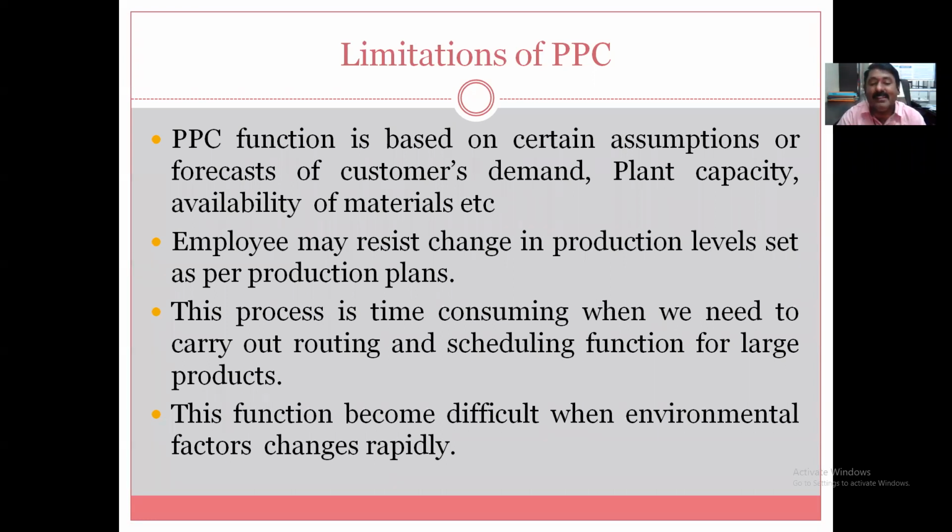Employees may resist change in the production level set as per the production plan. For example, I have given you the idea that 50 is the production rate required. Daily 40 are produced, and if you say that this drilling operation is required to be finished within 5 minutes, so 12 jobs should be done in 1 hour, the employee may resist.